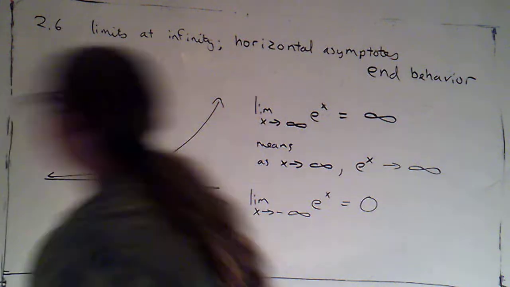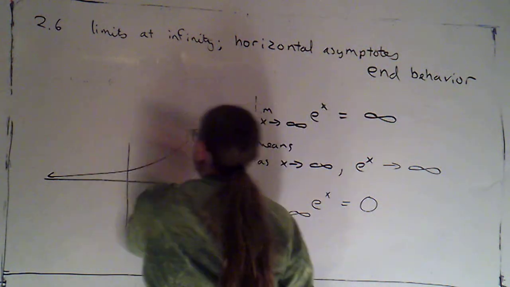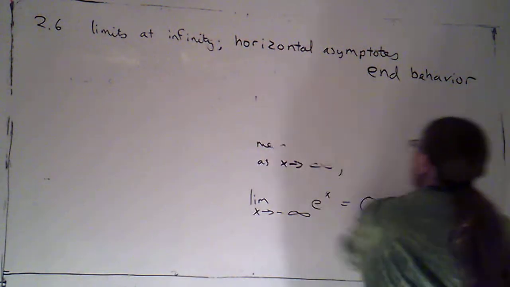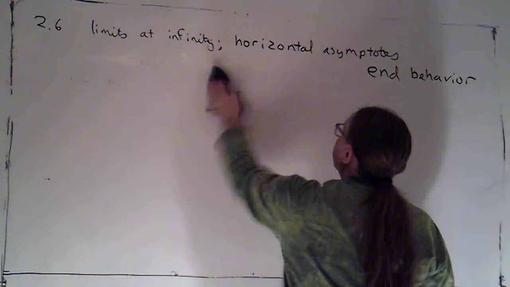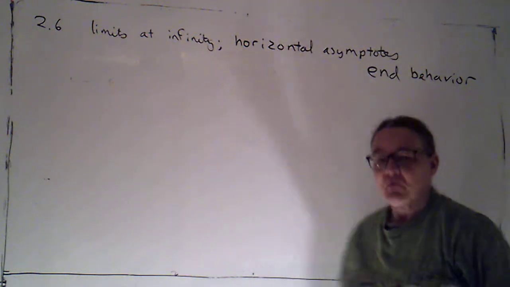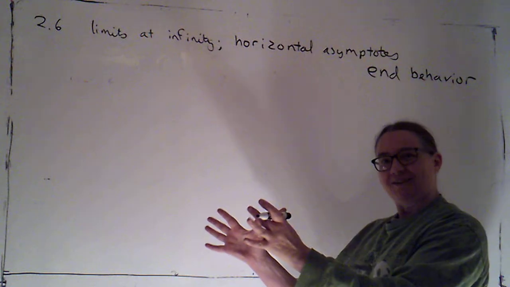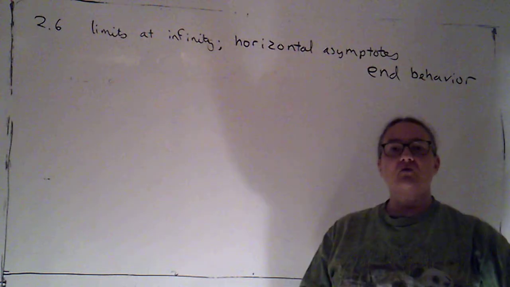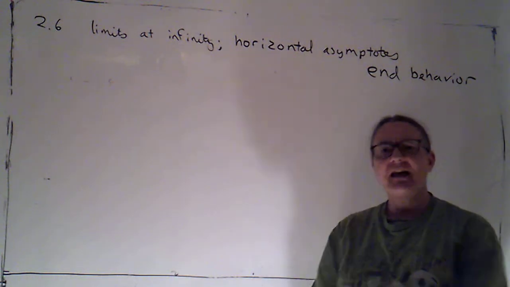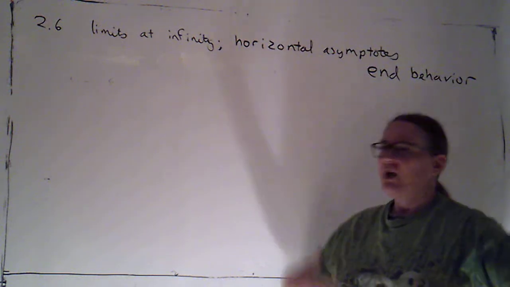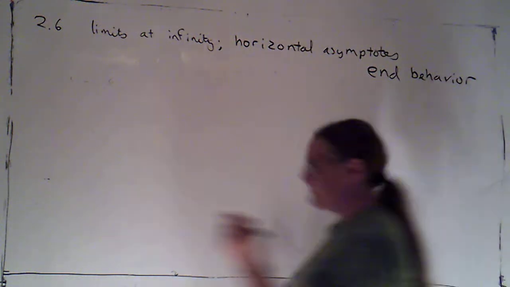So I want to just compare now how we describe vertical asymptotes, what sorts of limits describe horizontal asymptotes, and then what sort of limits describe no asymptote at all. Okay.